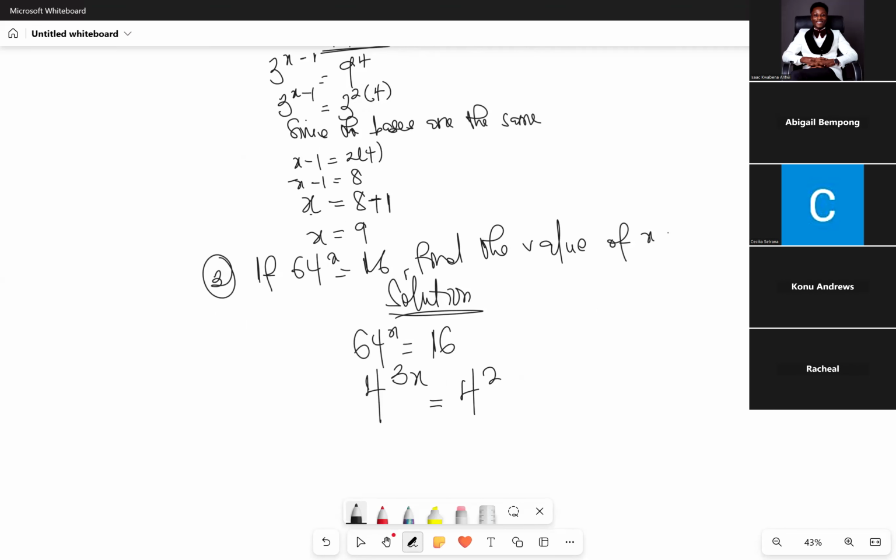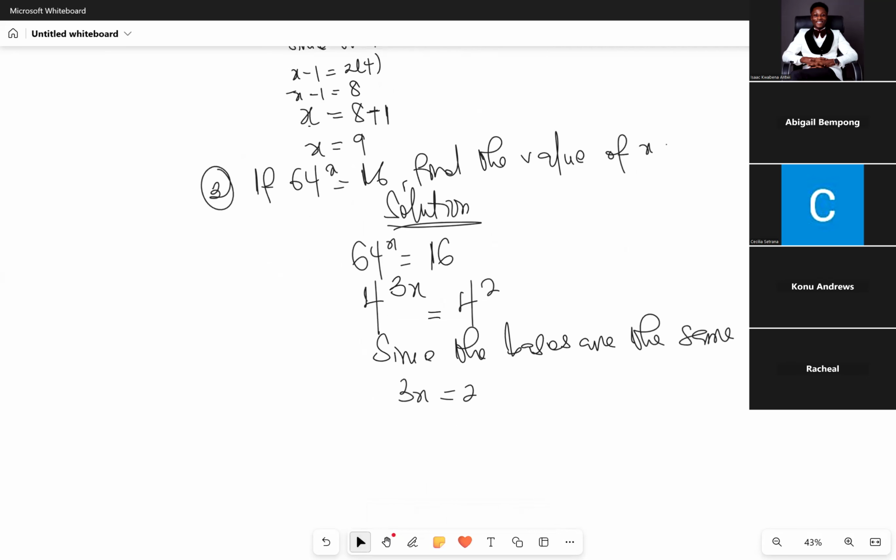Since the bases are the same, 3x is equal to 2. And you divide through, we want to make x the subject, so you divide through by 3.